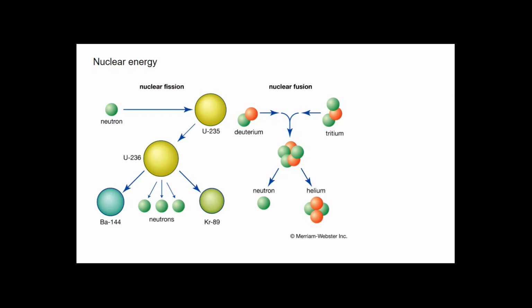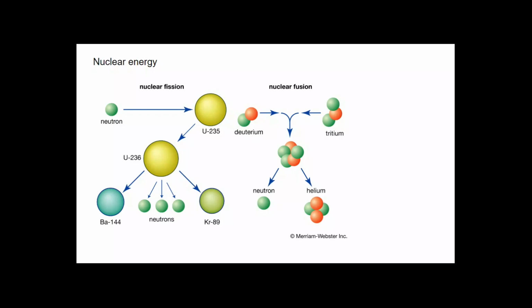So nuclear energy then. There are 2 types. One is nuclear fission. When you hit the nucleus of an atom with a neutron, it breaks up into smaller nuclei. It's a bit like playing pool, where you hit the balls with a cue ball, and all the balls scatter.